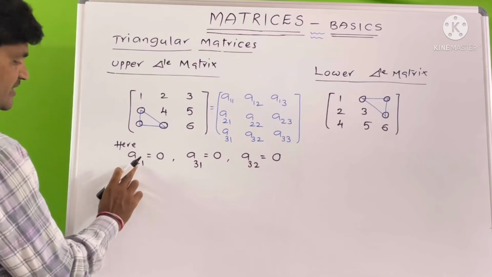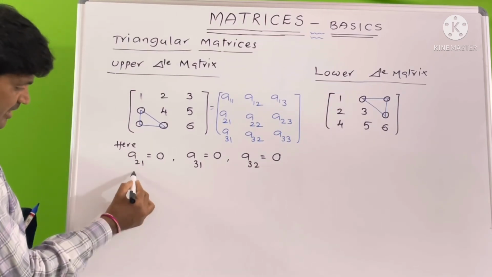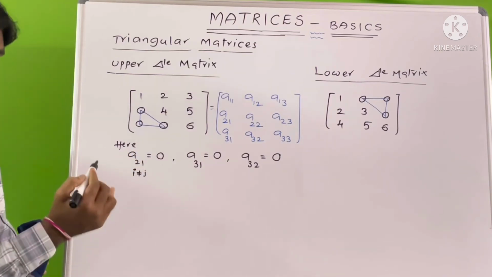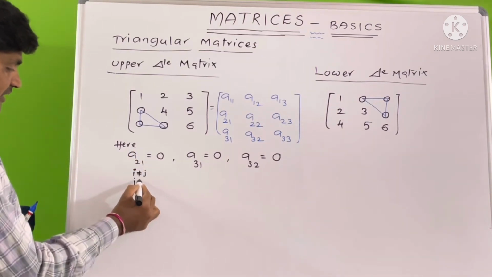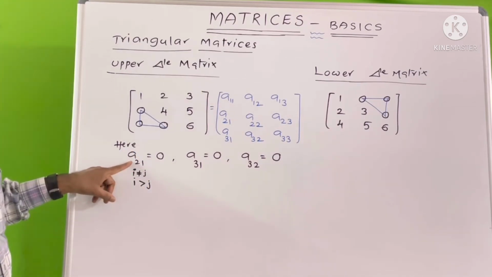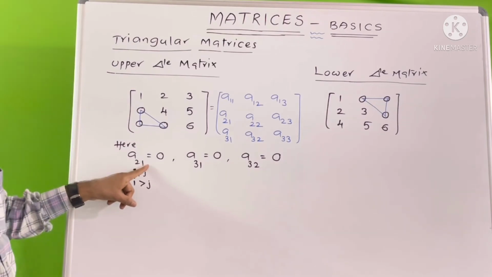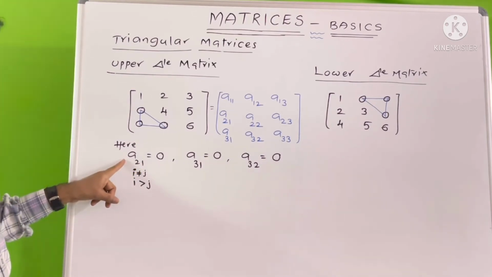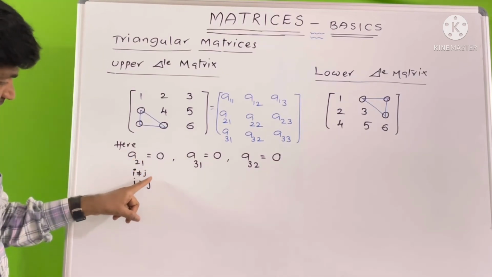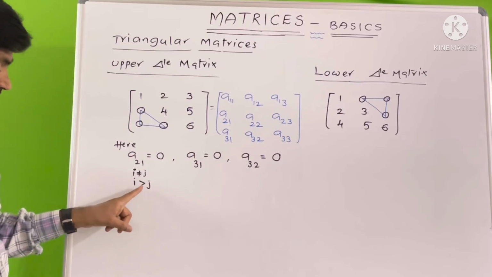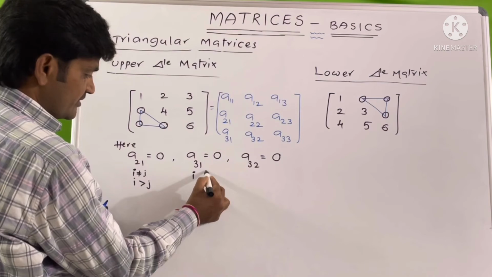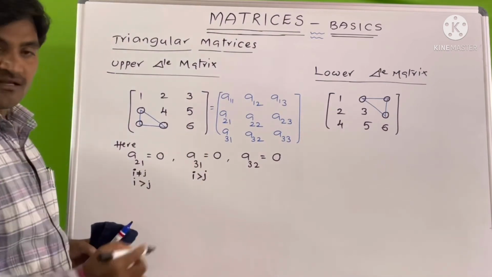Here this is the i value, this is the j value. i not equal to j, also i greater than j. One is the minimum value, 2 is the bigger value. So in A21, 2 is i, 1 is j. Clearly observe here, i greater than j. Similarly here also, i greater than j.